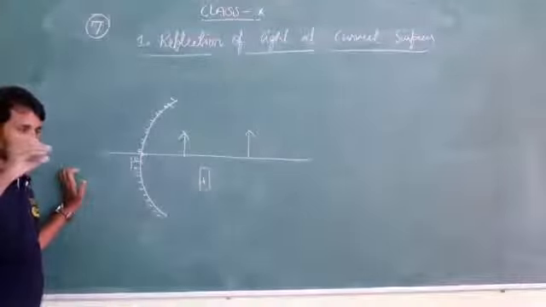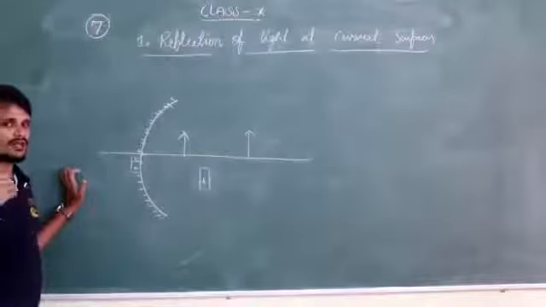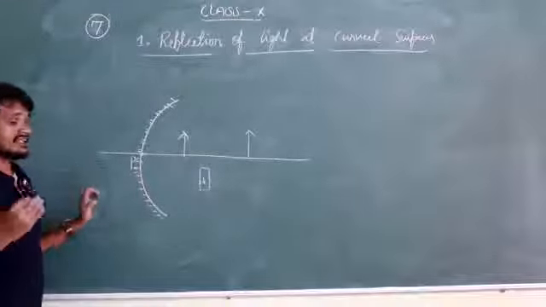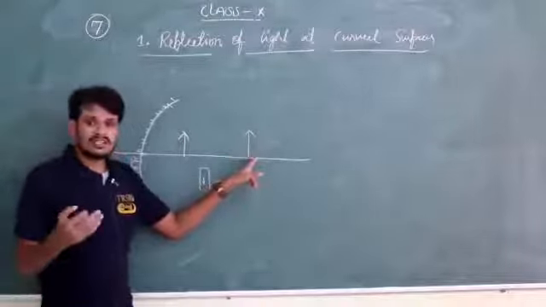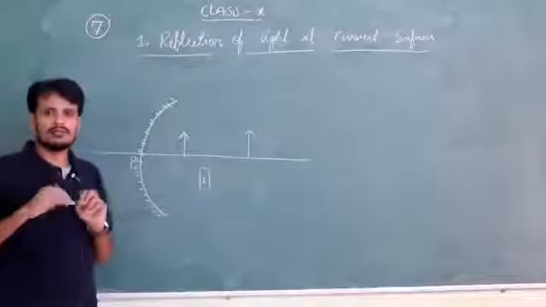In what position does the image come small and inverted? When the object is placed beyond C. So I decide that I placed the object beyond C.